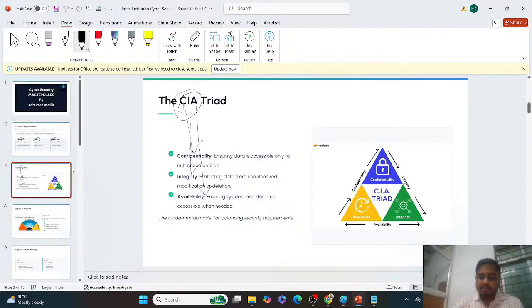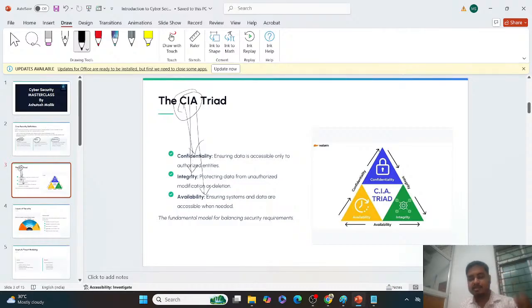Okay, next is integrity. Why am I focusing on this terminology? Because these are the key factors of security. These three things are very important in any examination.